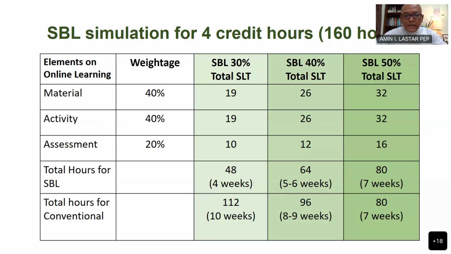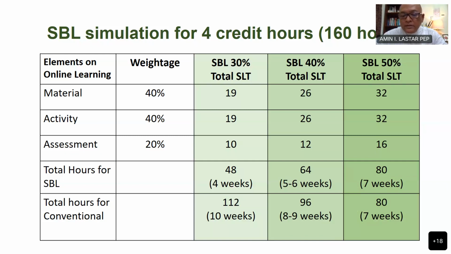30% is 19 hours for the learning material, 19 hours for the teaching and learning activities, and 10 hours for the assessment for under 30% of total SLT, which is equal to 48 hours and 4 weeks.